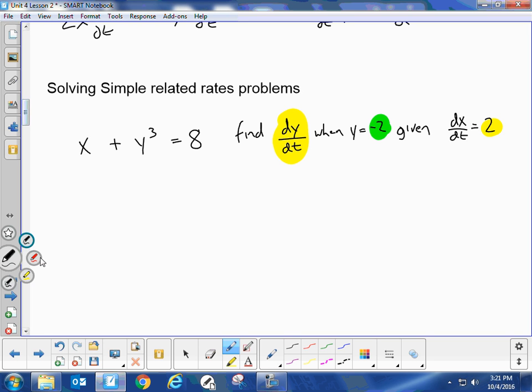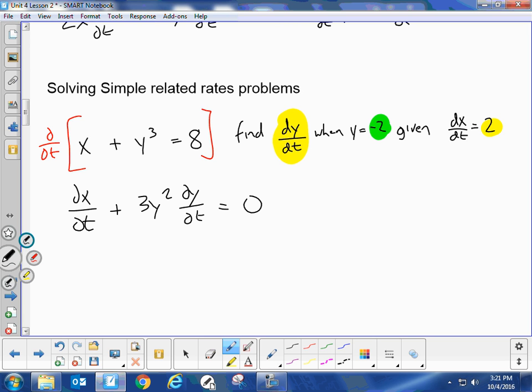Okay, so I will take the derivative with respect to t of my entire equation, and let's see what I get. I get dx dt plus 3y squared dy dt is equal to 0.